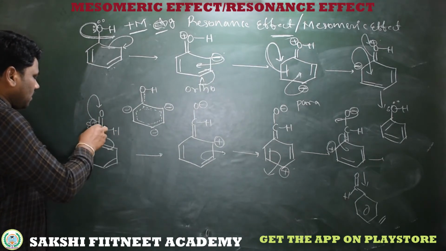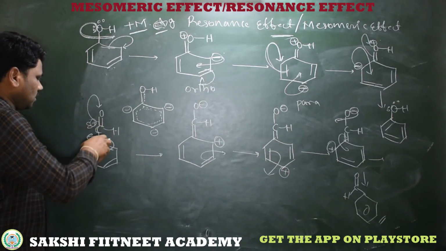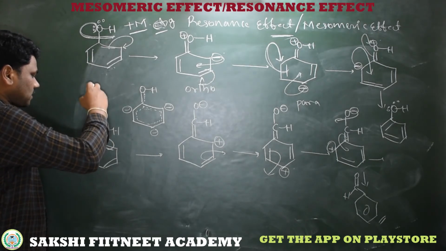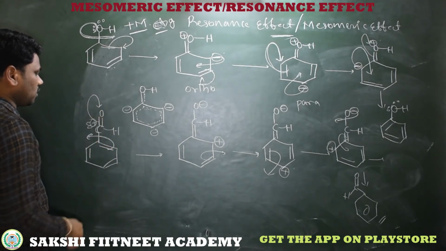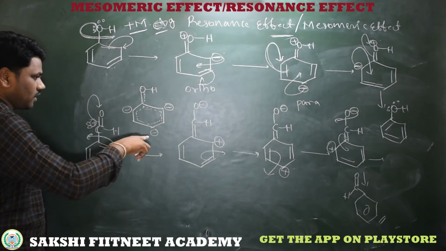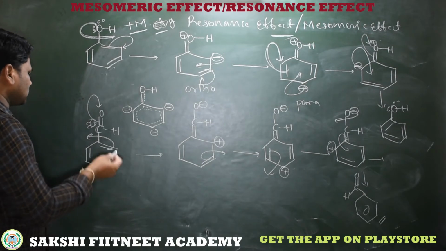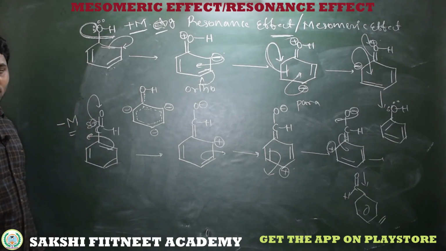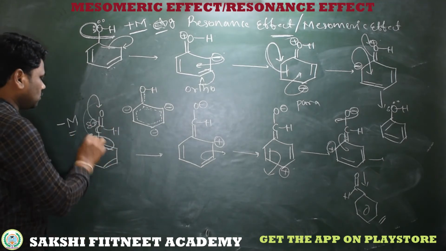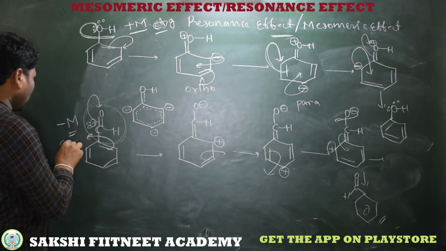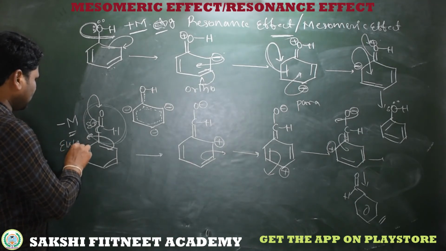So simple, in the presence of these groups, because of this electrophilicity, the conjugative electrons are coming upside, that is called an electron withdrawing group. In the presence of this electron withdrawing group, we got these resonating structures, that is called a minus M effect, negative mesomeric effect. This group is called a minus M group, an electron withdrawing group, EWG.